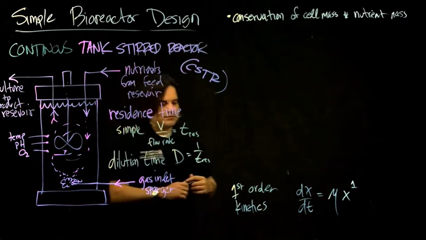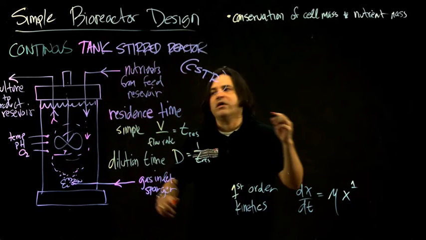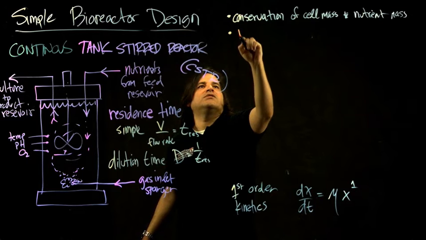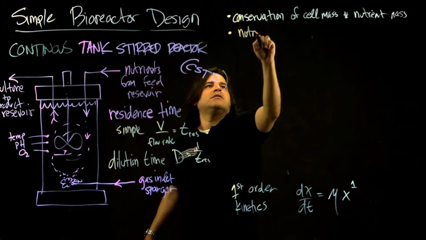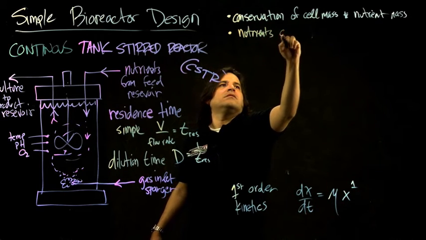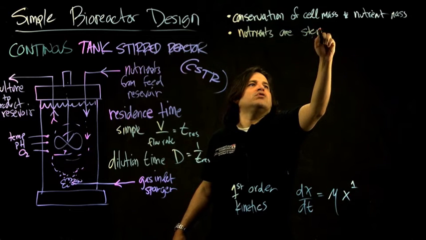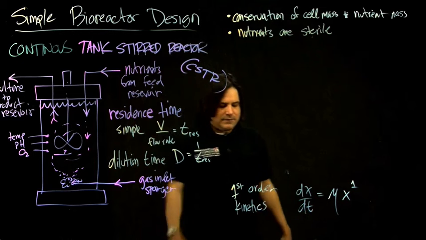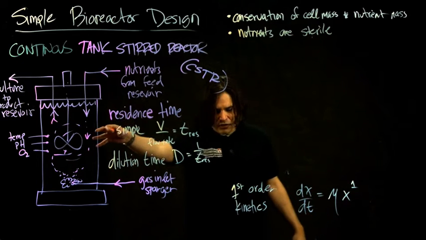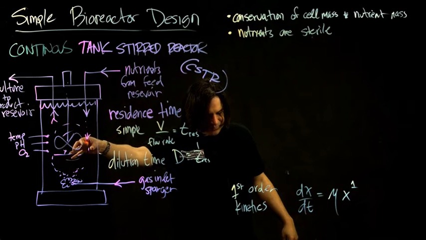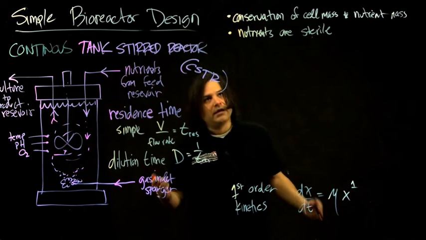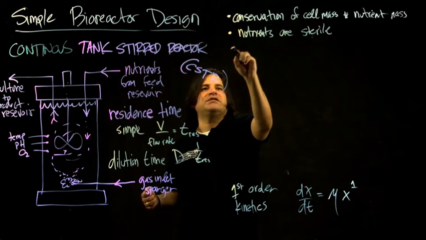That's one assumption. Another one is that you don't have any cells in the nutrients, so the nutrients are sterile, so there's no source of new cells in the feed here. They all started here and reached some steady state.